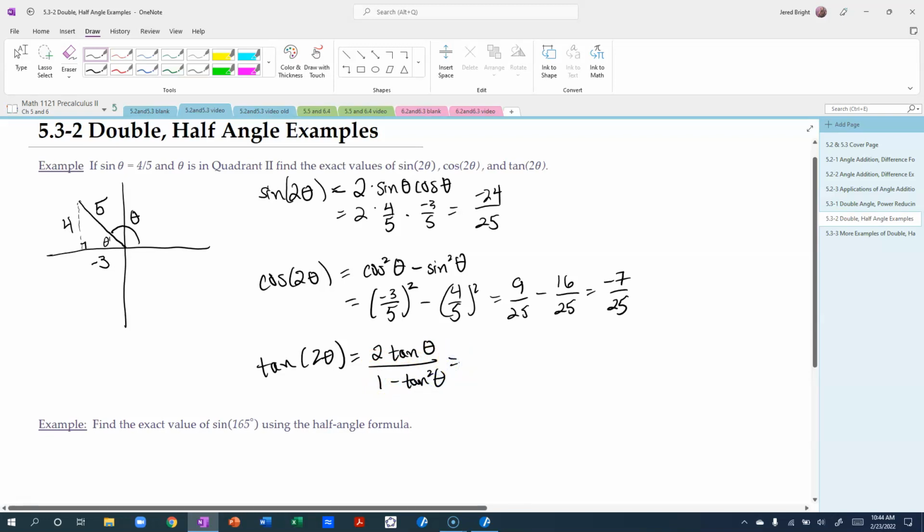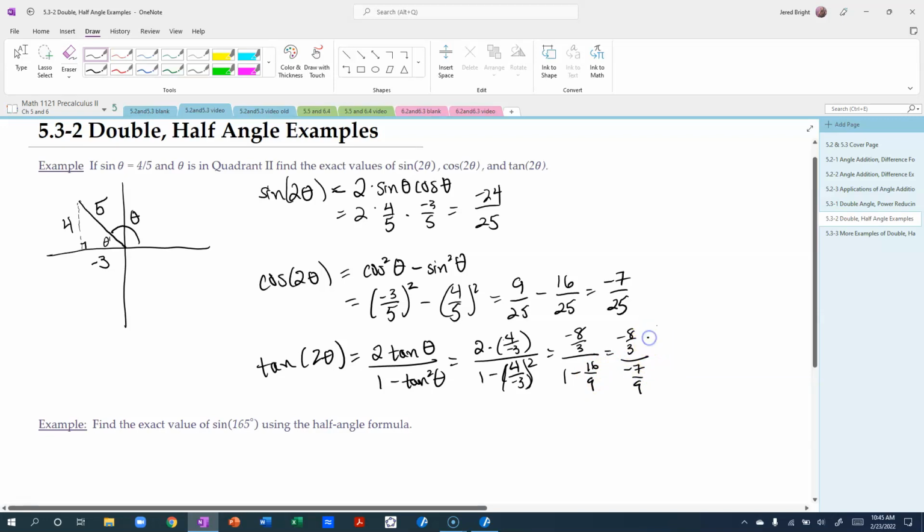So 2 times tangent would be -8/3, and then 1 minus 4/3 all squared. So I get -8/3 all over 1 minus 16/9. Simplifying, that would be 9/9 minus 16/9, so that's going to be -7/9.